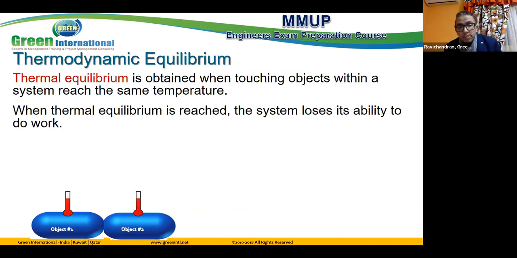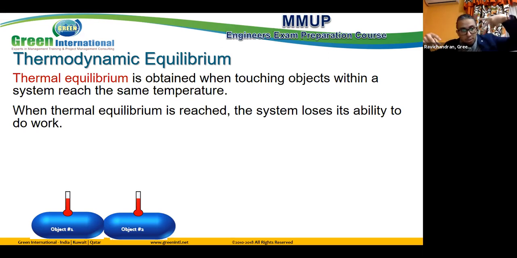According to thermal equilibrium, we can state the Zeroth law of thermodynamics. What is the Zeroth law? It says if you have three objects, not two, and one is in thermal equilibrium with another, and the third one is also in thermal equilibrium with this one, it means we have one common object in thermal equilibrium with the other two. Therefore, the first two objects are also in thermal equilibrium.